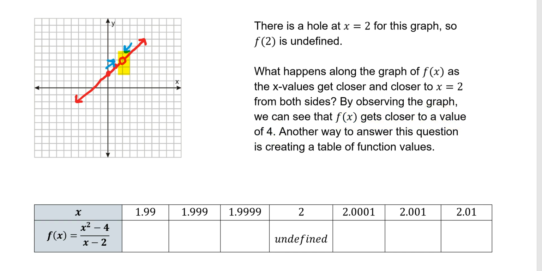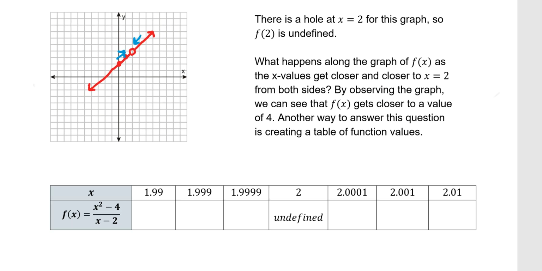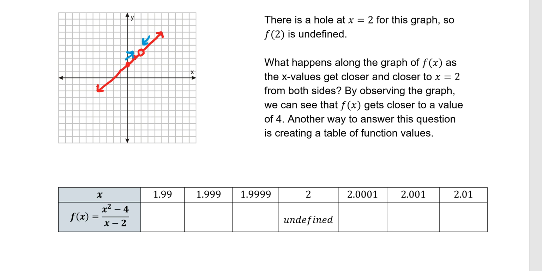So another way we're going to be doing this for a little bit in this section is creating a table. So you can see we essentially just have an xy table right down here. So we have x in the first row, y in the second row. Y is f of x, the original function. And in the middle, we have the x value in question, the x value of 2. And we know that if we plug into the function to get the y value, it is undefined because you would get 0 over 0 because there was a hole when x equals 2.